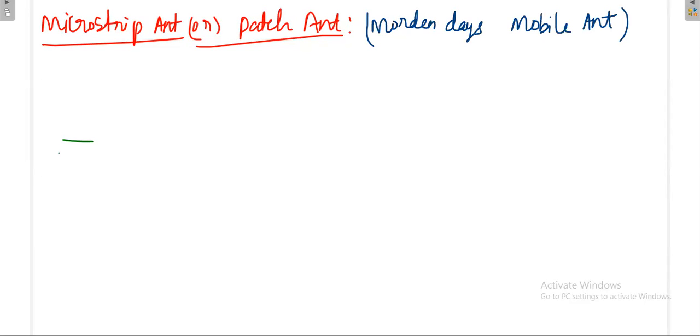You take this, it is like a conductor. This conductor is present above the dielectric material.